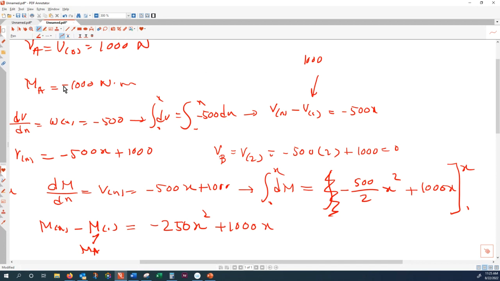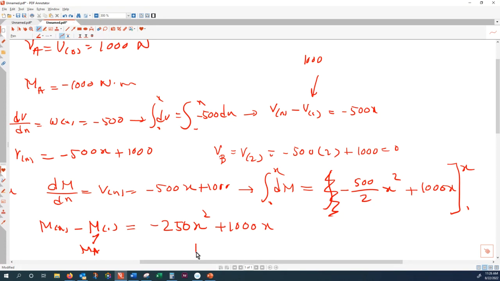And I think this one, we have a positive bending moment here. Or, sorry, that is negative. Yeah, that is negative. And now minus minus is positive. So that is M of x plus 1000 equal to that. 1000, I take it to the left hand side.